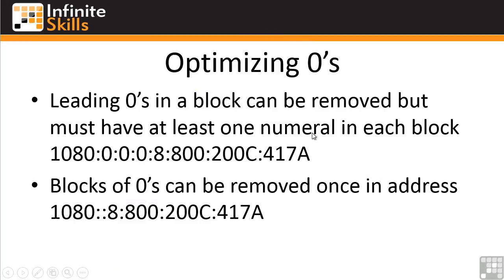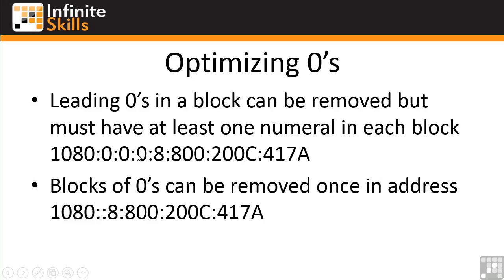Now we can simplify how we write addresses. Leading zeros in a block can be removed, but I still need at least one numeral. For example, I can see here, instead of writing 0008, I just wrote 8. Instead of 0000, it's just 0.